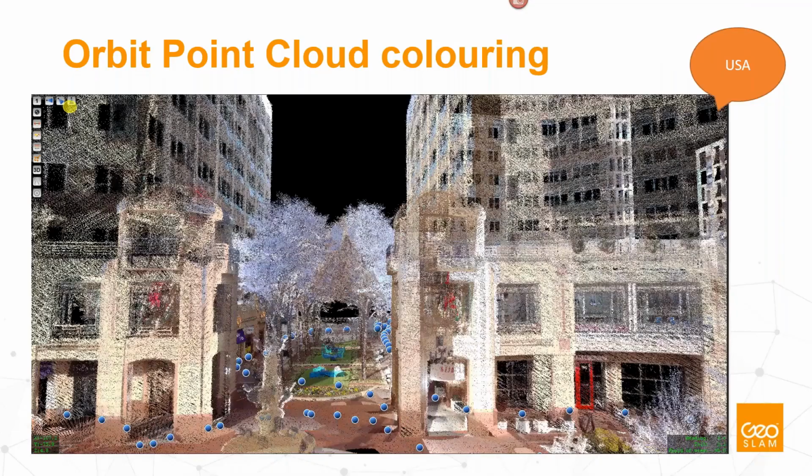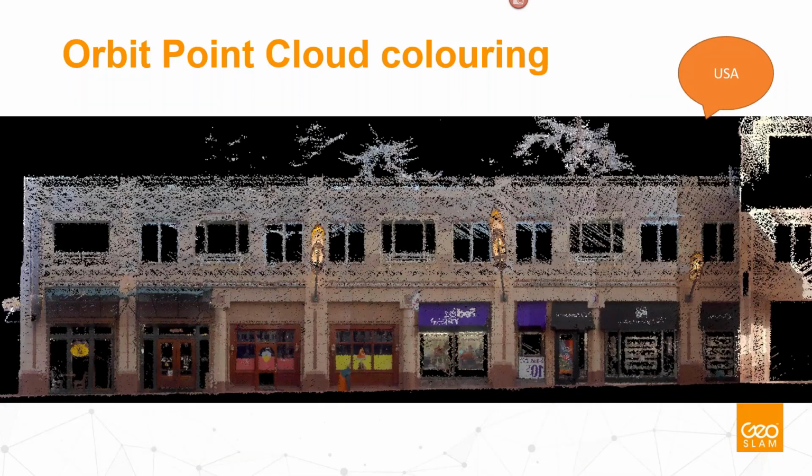If I go a little bit forward, there are a couple of other examples of the colored point cloud. This is showing you in 3D, from the US, a very recent capture of the city center environment. Here we have facades of the buildings with actual colors and correct numbers on the windows and displays.